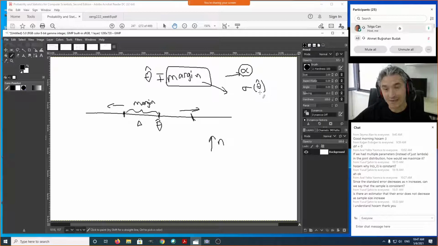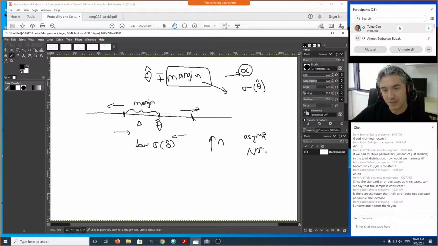With low standard error, you can get a smaller margin. So basically, when we're building confidence intervals for population means or different things, we're going to be computing these things. As I said, the margin depends on alpha and the standard error. And when we are building these confidence intervals, we will make use of the fact that these estimators are asymptotically normal.